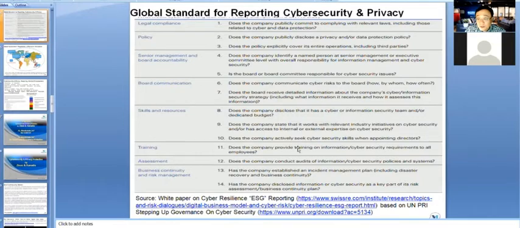Then also personnel training, how they assess these matters, and a specific strategy like business continuity and risk management. This is one example that can be included in a standard reporting format.